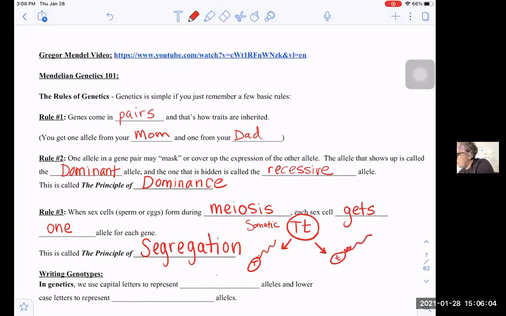These are my sperm. Segregation means that the pair of alleles that you have are going to separate during meiosis. This will be really important tomorrow when we start looking at Punnett squares.